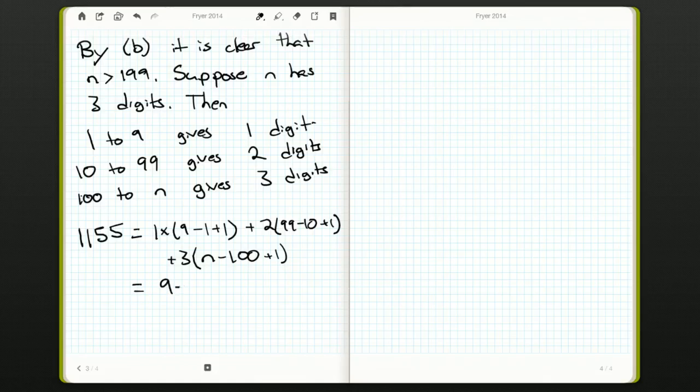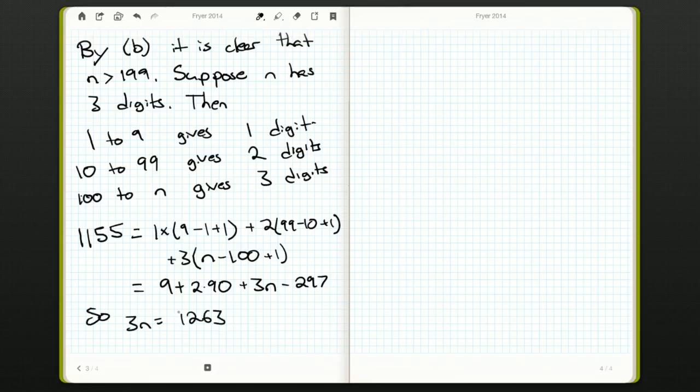So we get 9 plus 2 times 90 plus 3n minus 3 times 99, which is 297. So if we rearrange things, we get 297 plus 1155 minus 9 minus 180, which is 1263.